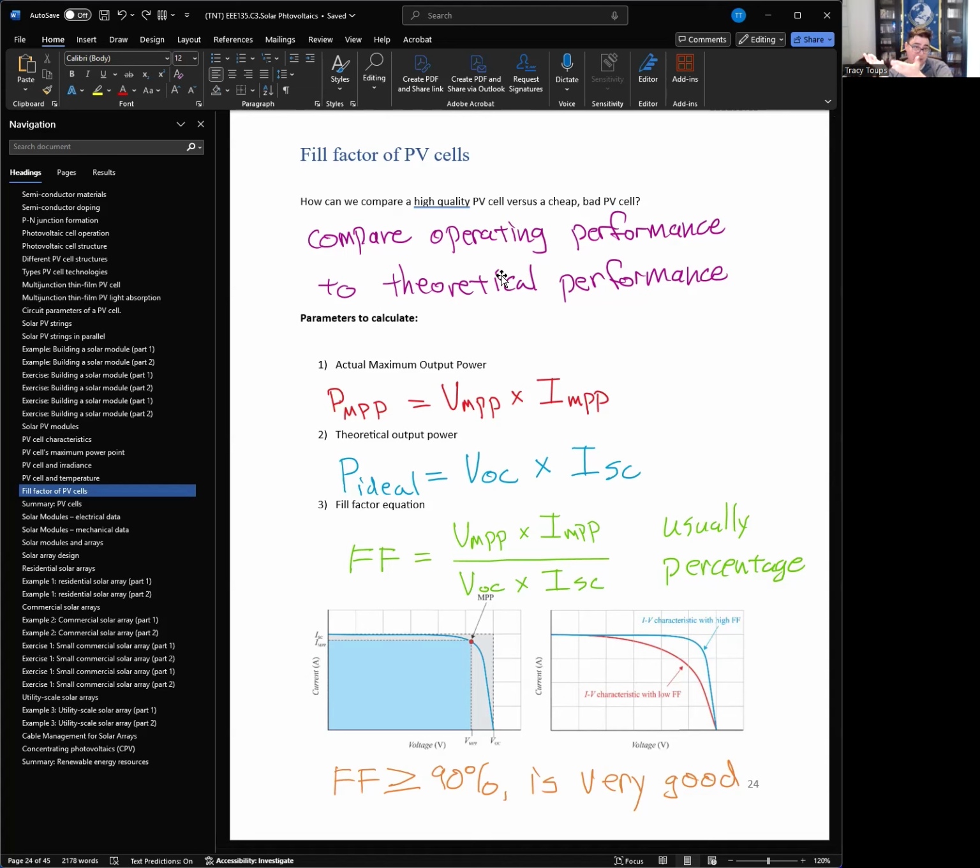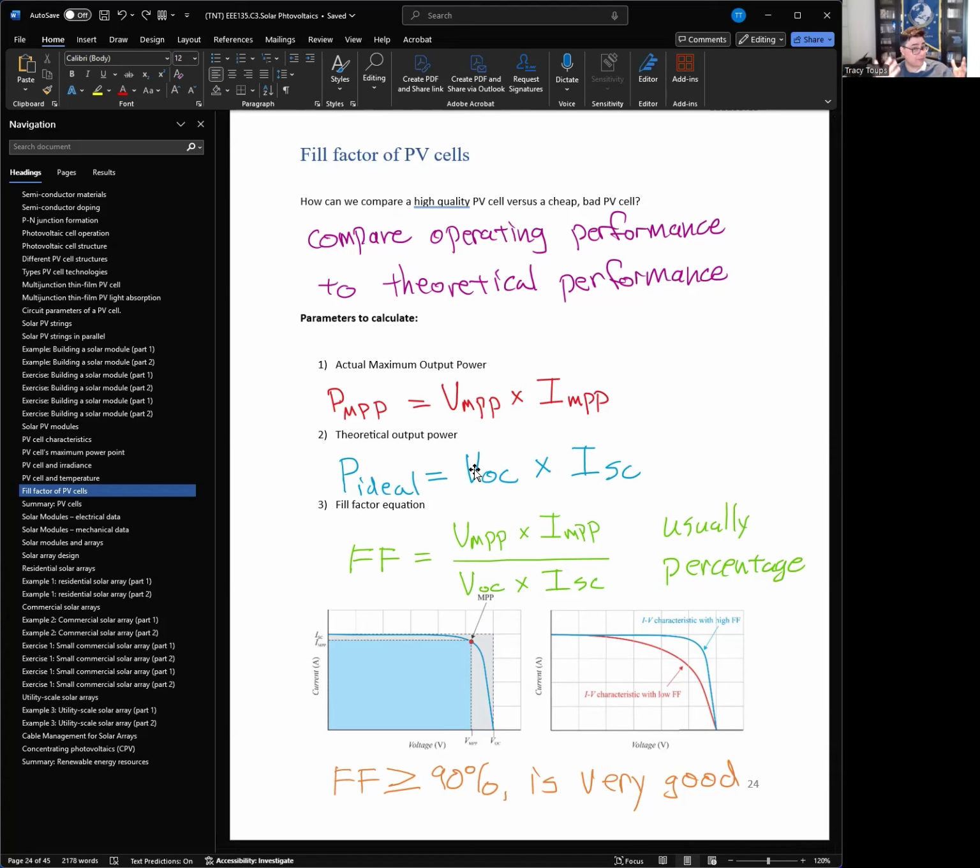The closer we are to the perfect condition, the better the quality of the PV cell. One way to do that is the actual maximum output power, that maximum power point. We talked about trying to figure out where it is, right? Figure out what that is, and then compare it to the ideal, unrealistic yet ideal conditions. Ideal conditions is where you have the absolute highest short circuit voltage multiplied by the absolute highest short circuit current.